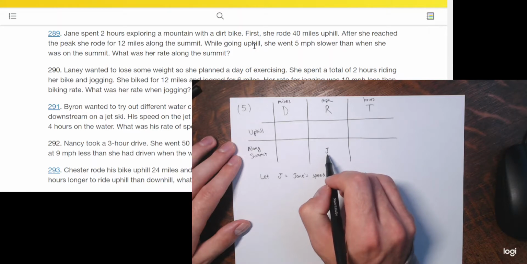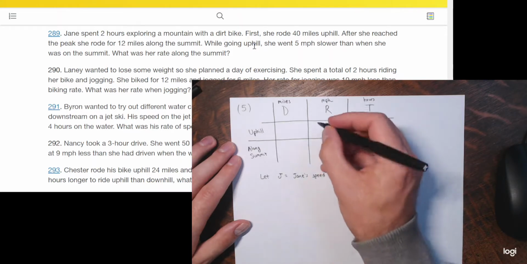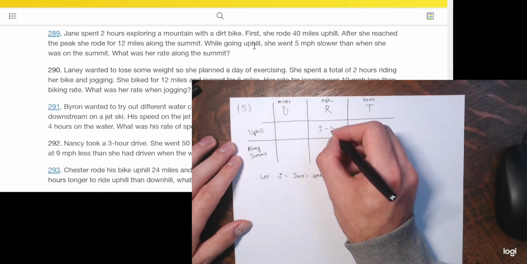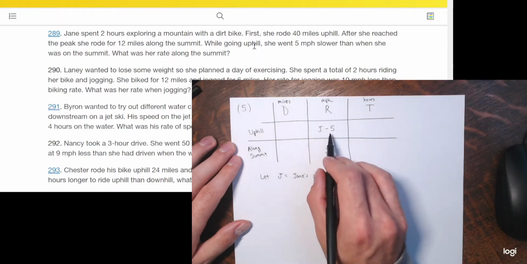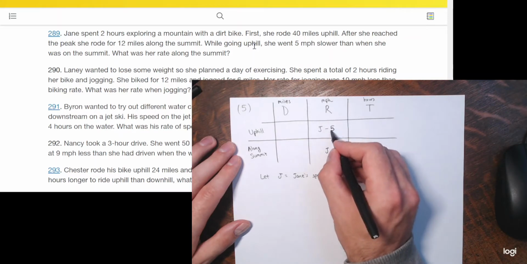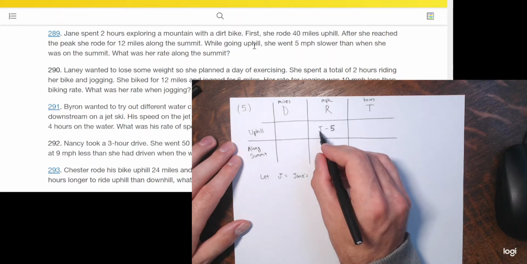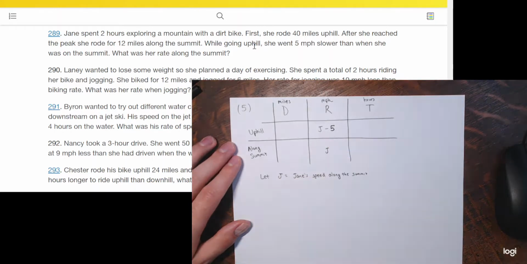And if the summit rate is J, what's 5 less than J? That would be J minus 5, right? So her speed uphill, sorry, is the speed on the summit minus 5. She's going 5 miles per hour slower going uphill.